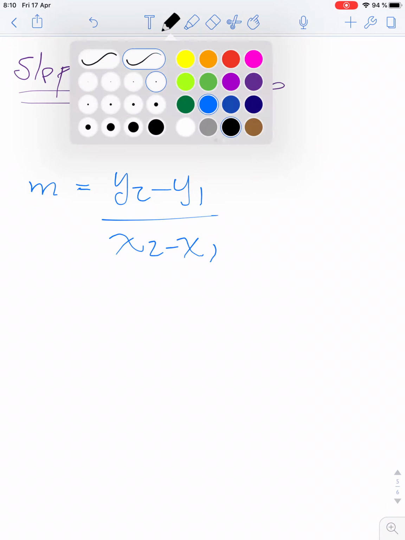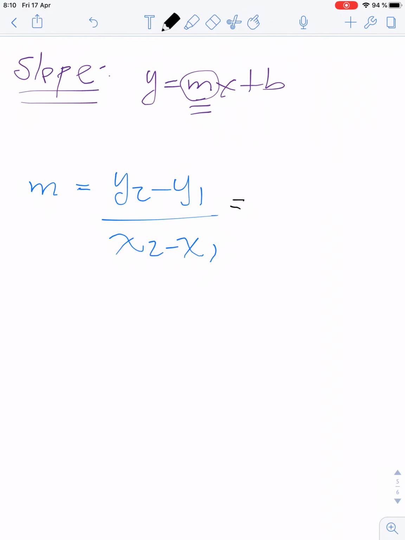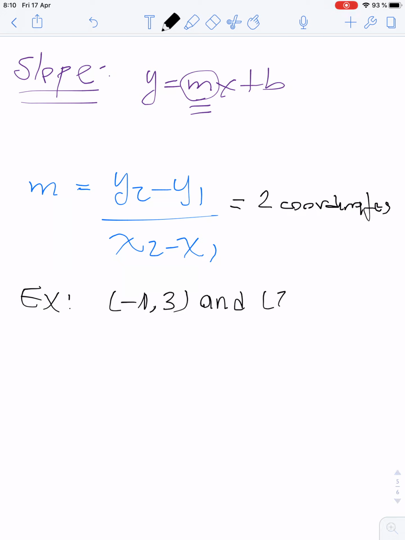How to apply this formula? The formula is applied when you have two coordinates. You need two coordinates to apply this formula. For example, I will have -1, 3 and 2, 5. To find the slope or the gradient of this, we are going to replace the values.